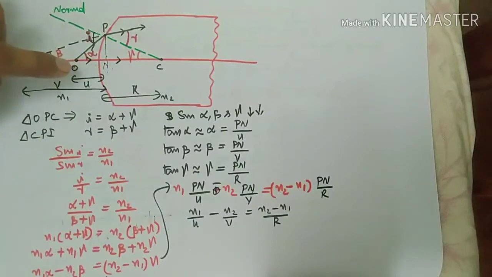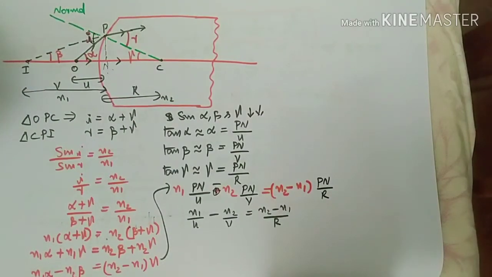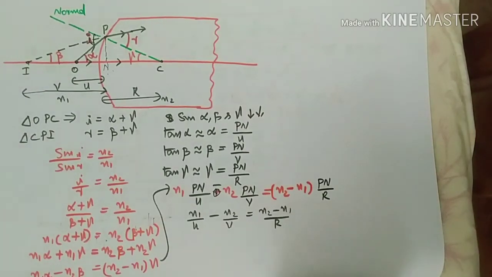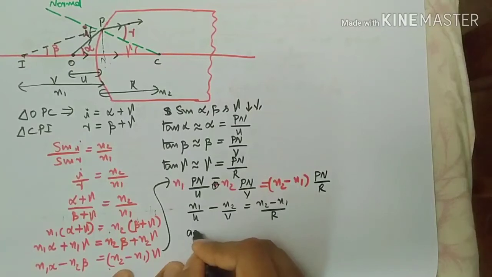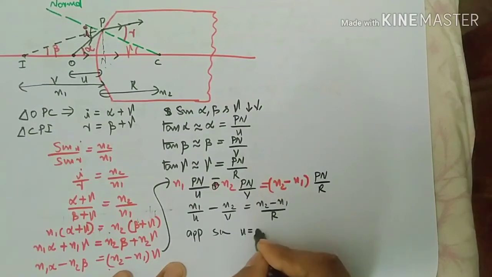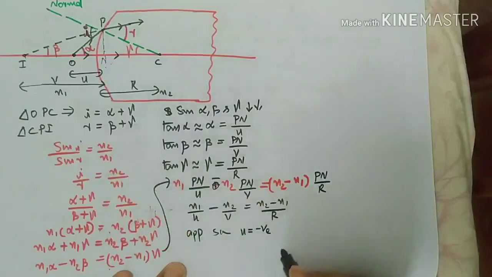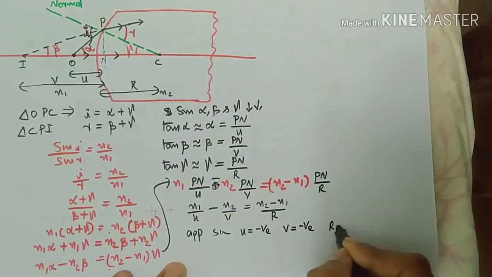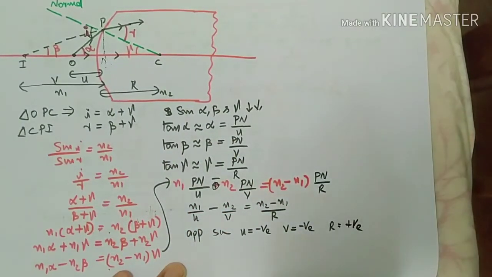And let's look at this case. Applying the sign convention, what about U? U is negative. What about V? V is also negative. What is R? R is positive.